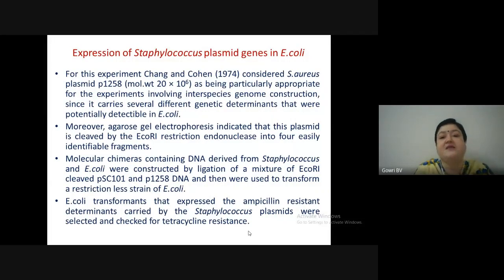Molecular chimeras were constructed by ligating a mixture of EcoR1 cleaved pSC101 and P1258 DNA, and then used to transform a restriction-less strain of Escherichia coli. E. coli transformants that express the ampicillin-resistant determinants were selected, and then checked for the tetracycline resistance gene. So that is the reason ampicillin and tetracycline in this case are selectable markers.